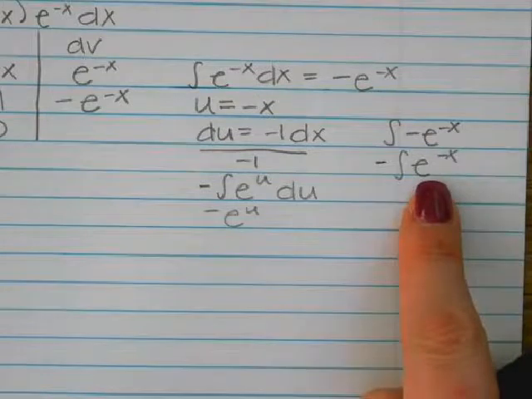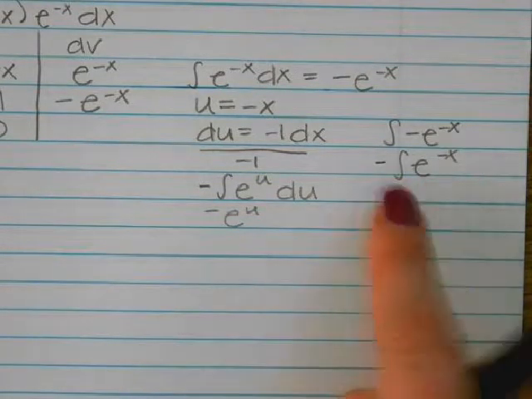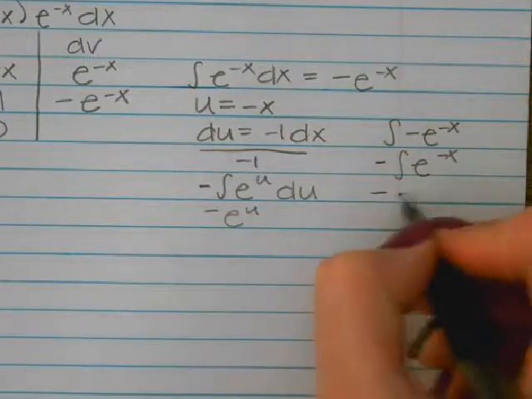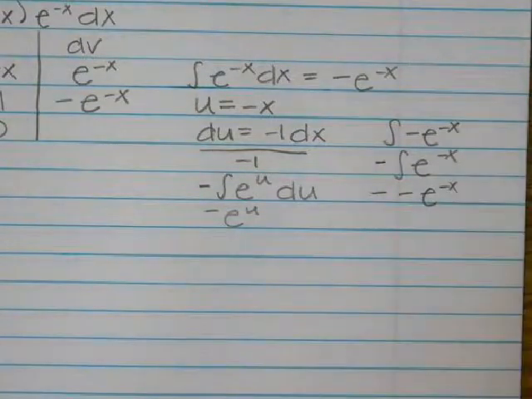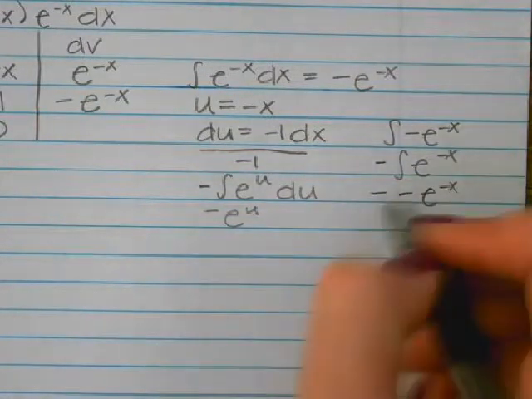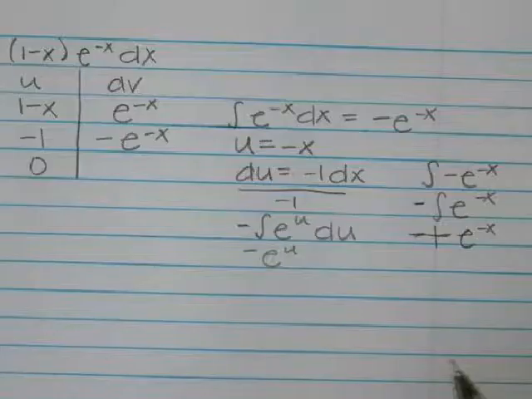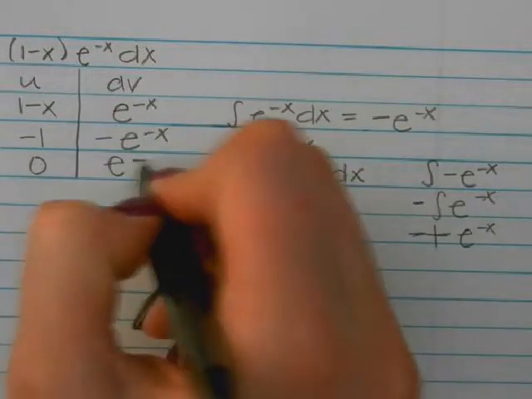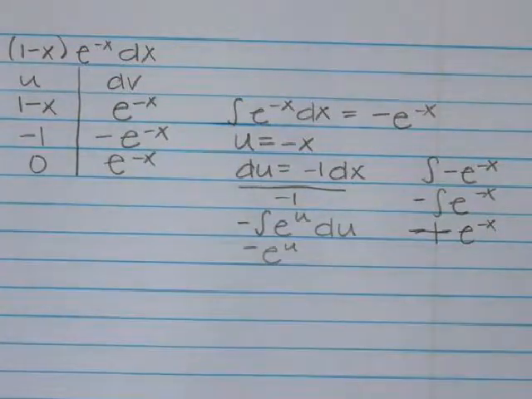And what was the integral of e to the negative x? Yeah. So we've got the negative version of negative e to the negative x. And that makes it positive. Okay, so positive e to the negative x. So those would just repeatedly alternate signs over and over.